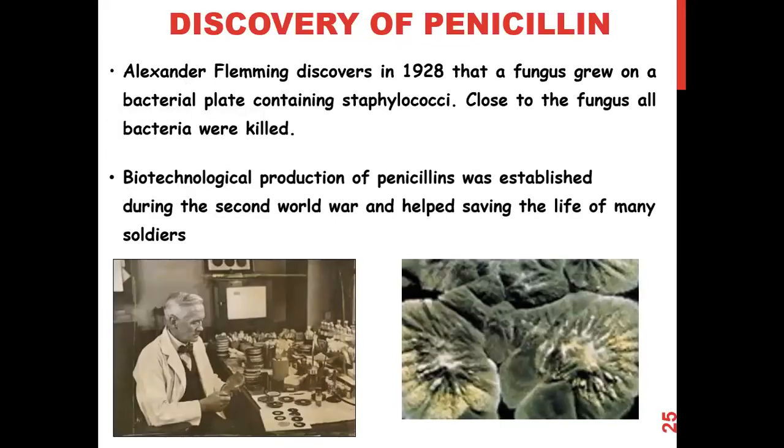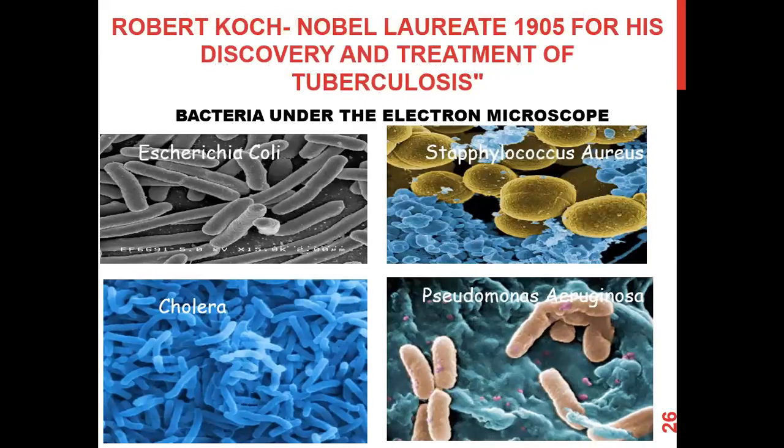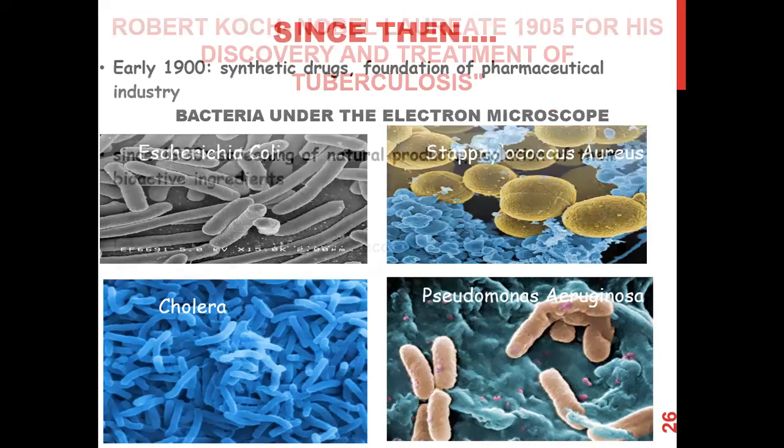Alexander Fleming in 1928 gave the fungus information, wherein biotechnological products of penicillins evolved. And Robert Koch was given a Nobel prize for discovery and treatment of tuberculosis.